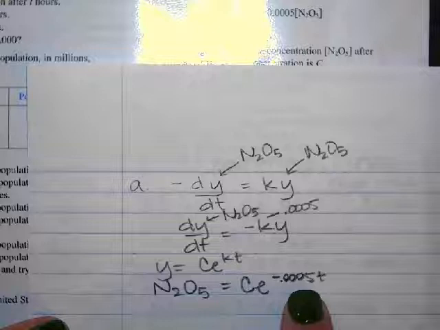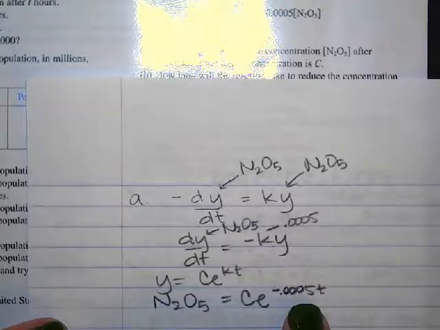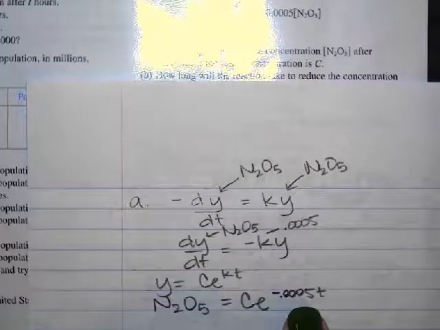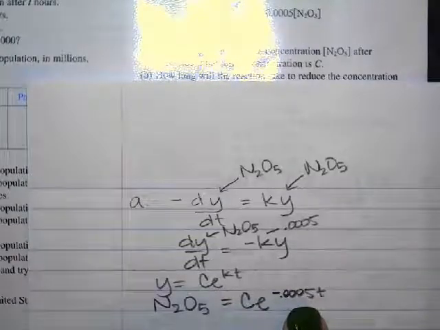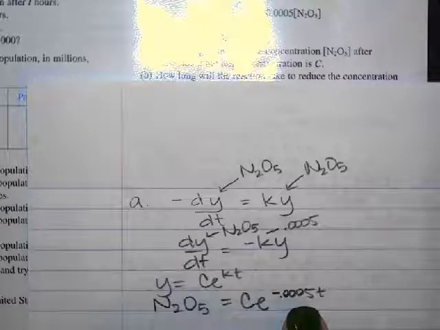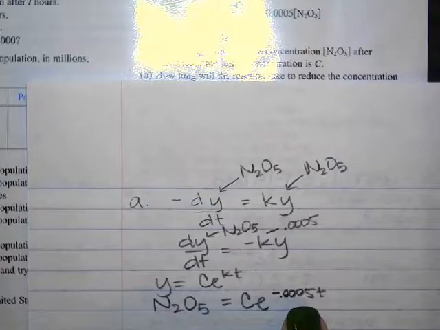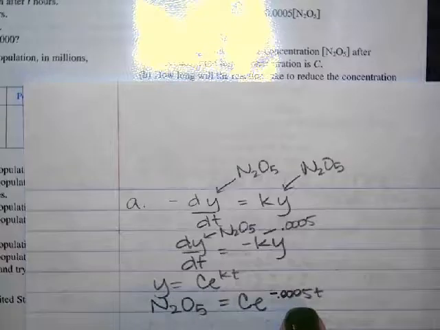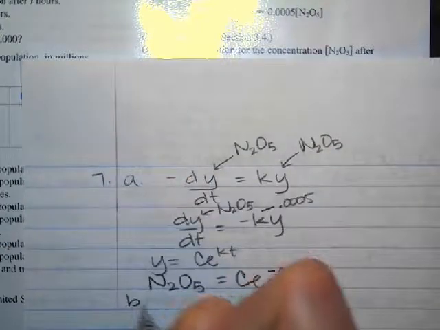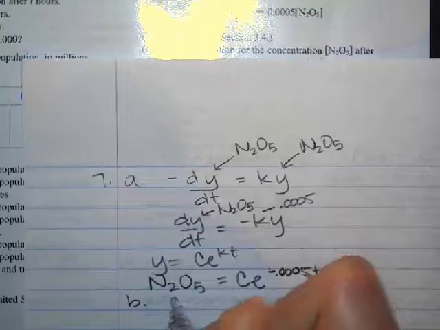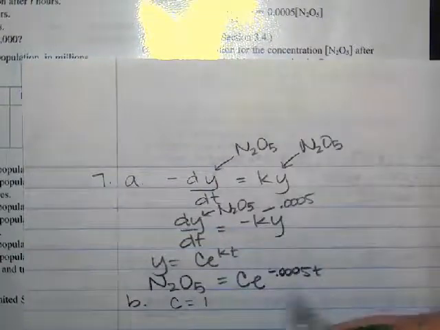Now, for part B, I can have my initial value. You could say your C value is 1, and then when you have your 90%, that could be 0.9.